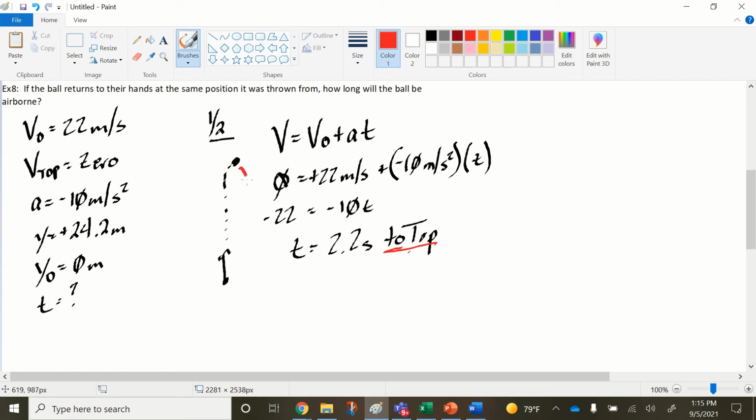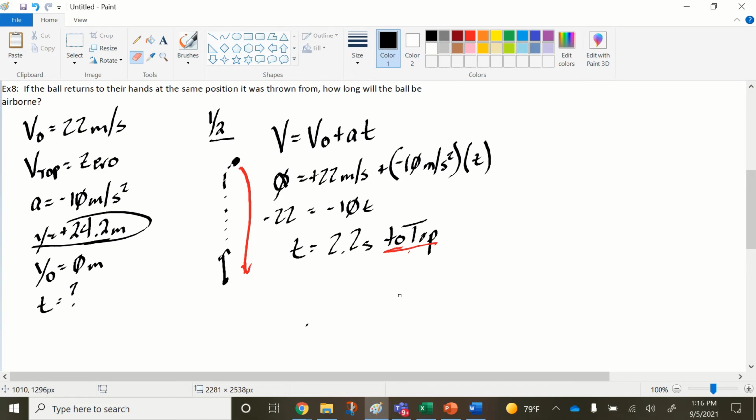It then has to turn around and come back down. So if it's got to turn around and come back down, this is the long way to do it. I don't encourage this. This is going to be a little cheat that I'm going to show you once we answer it. We know that it's going to fall 24.2 meters. So if I go back to that delta y equation, recognizing that my velocity at the top is going to be 0, right? Let's actually just write all of this in red so that it's less confusing, so you can see exactly what motion I'm talking about.